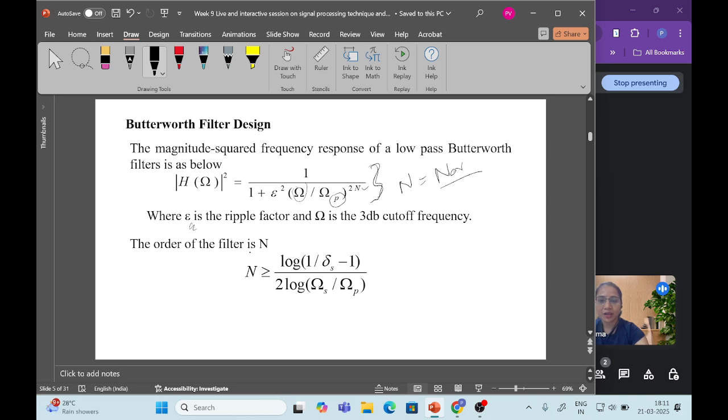The order of the filter n can be derived by this equation: n must be greater than or equal to log of (1 by delta s minus 1) divided by 2 log of omega s divided by omega p, where omega s is the cutoff frequency in the stop band and omega p is the pass band frequency.